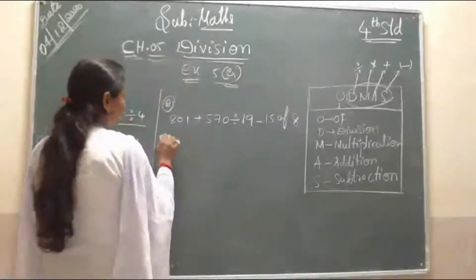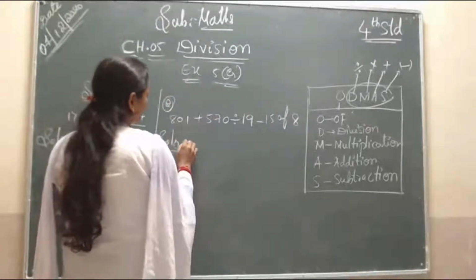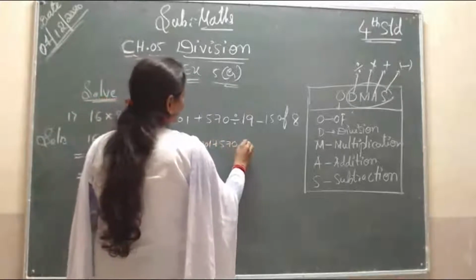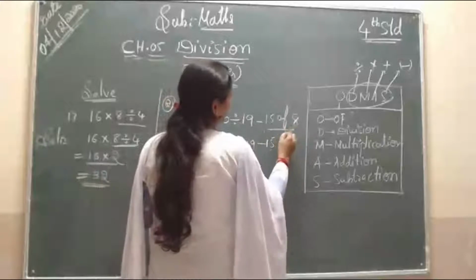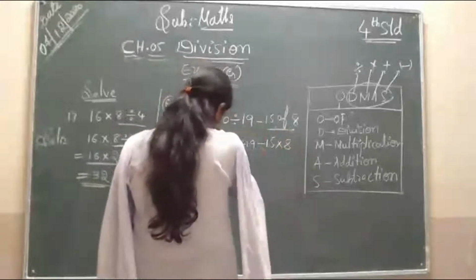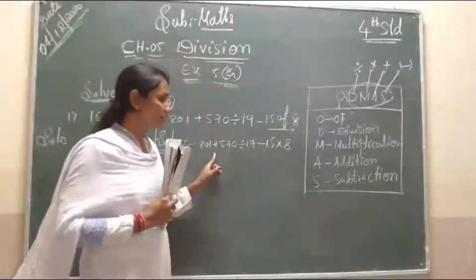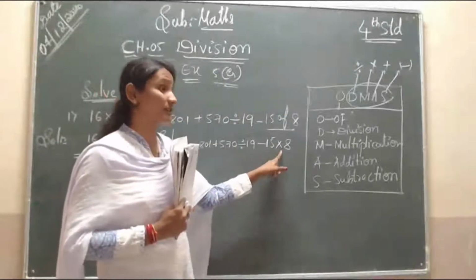First you have to write the solution. The first step is 801 plus 570 divided by 19 minus 15 of 8. Of means you have to consider it as multiplication. Students, the first symbol given is addition, next division, next subtraction, next multiplication.